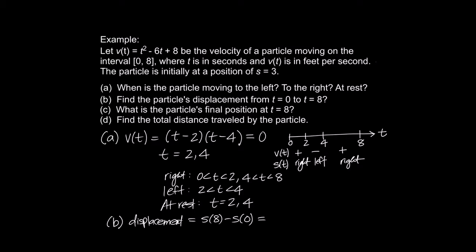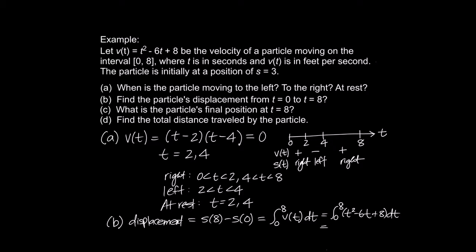Well, the fundamental theorem of calculus, part 2, tells us that s of 8 minus s of 0 is going to be the definite integral from 0 to 8 of the velocity dt. And so what you have to do is evaluate this definite integral of t squared minus 6t plus 8 dt from 0 to 8.